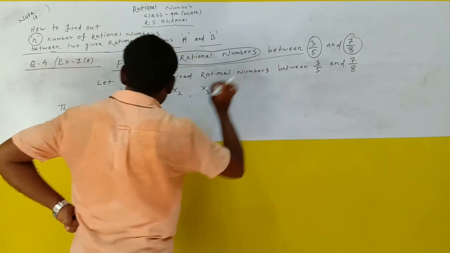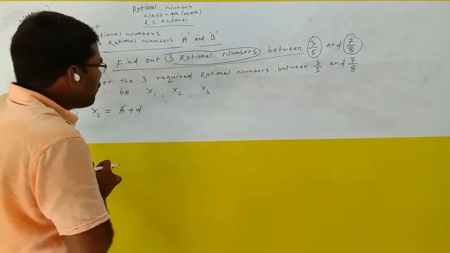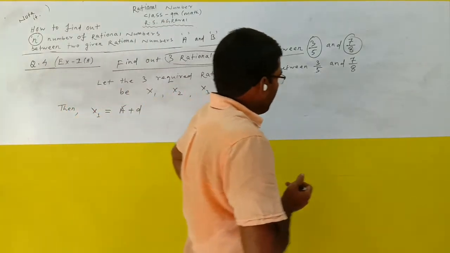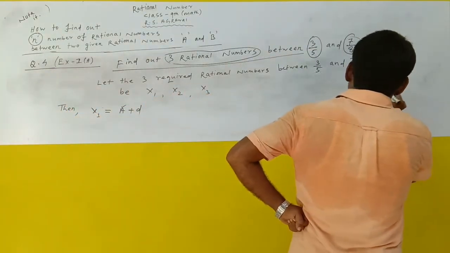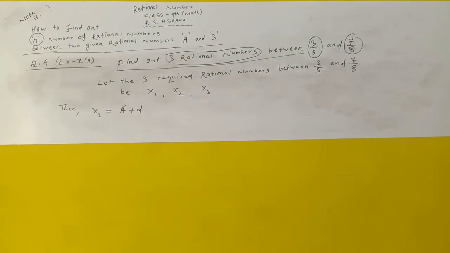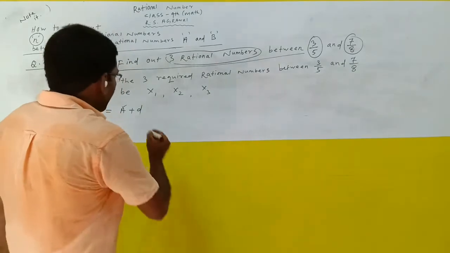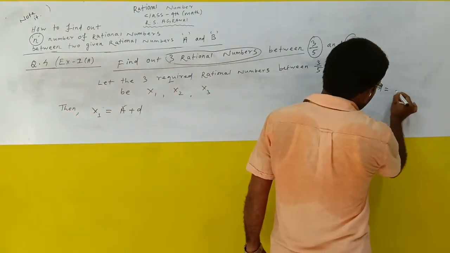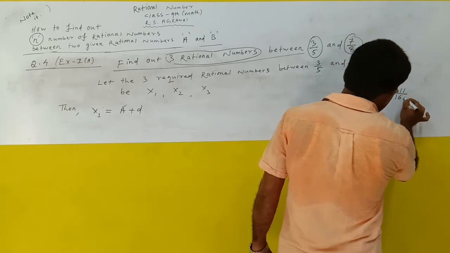And the value of D, you have already found out. Value of D equal to 11 by 160.